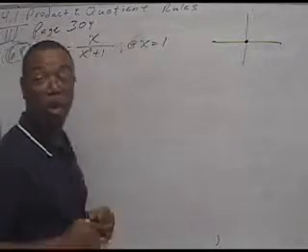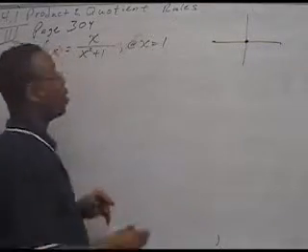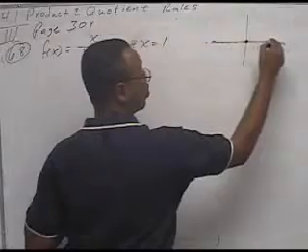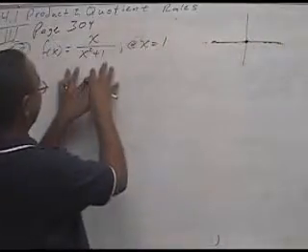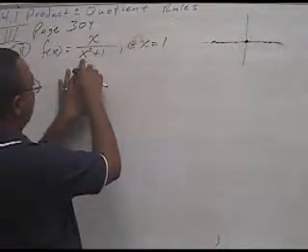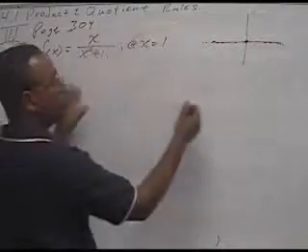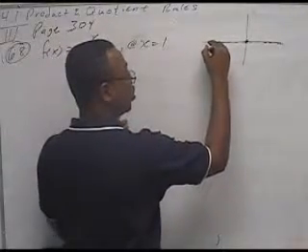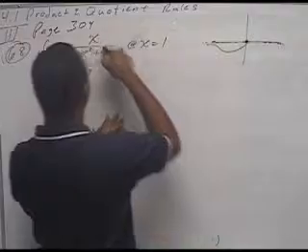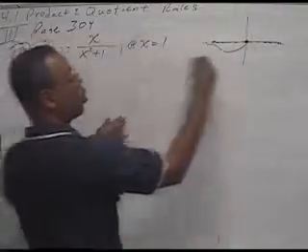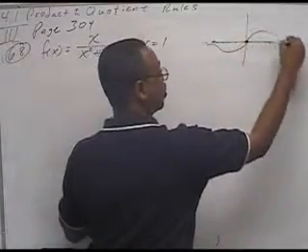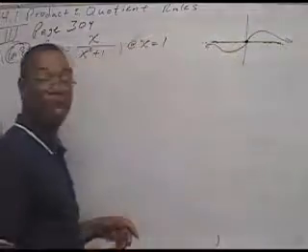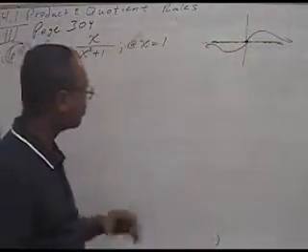It also has a horizontal asymptote of y equals 0. And on the left side, negative over positive squared, it's going to be all negatives. And on the right side, positive over positive squared is going to be positive. So our graph will have that type of look.